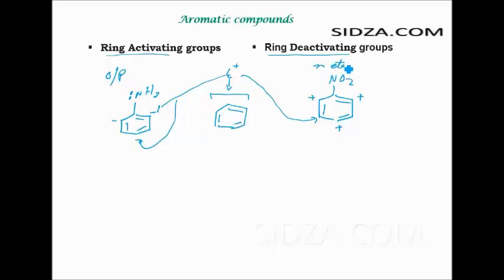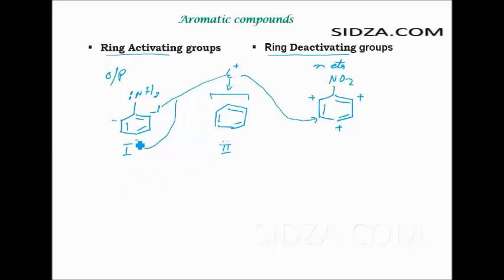One more thing in terms of reactivity. If you look at the reactivity of benzene towards the electrophilic substitution reaction and this molecule, the first one where you have an NH2 group attached, the attack will be faster than on benzene.